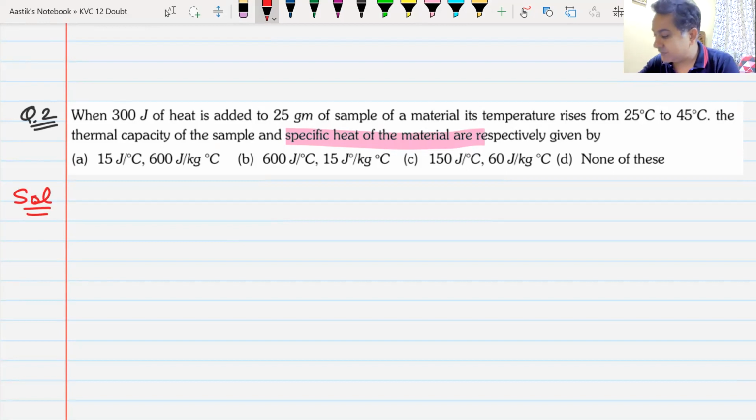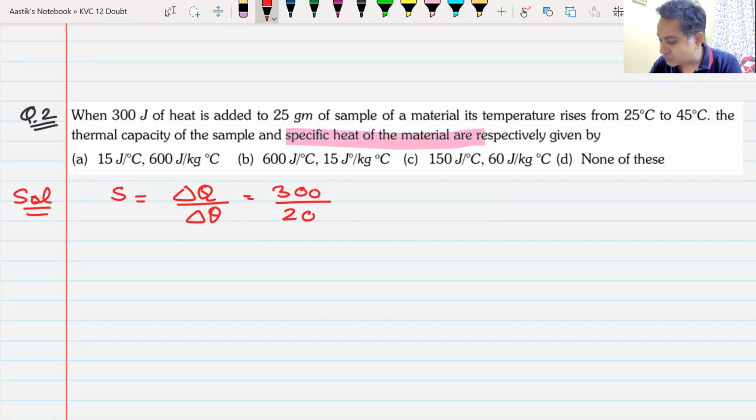If you have to find the thermal capacity, it is simply delta Q divided by delta theta, and what I have is 300 divided by the change in temperature, which is 20.